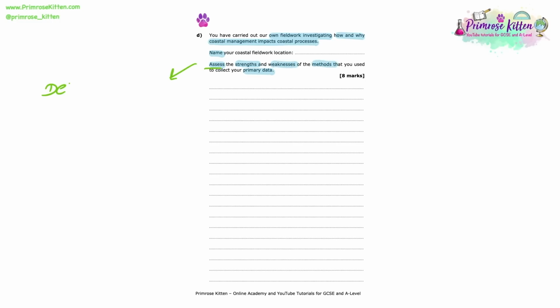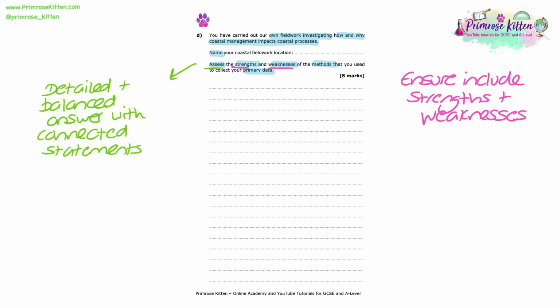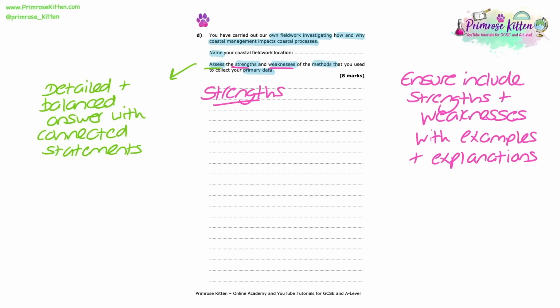To achieve a top-level response for this question, you need to ensure that you write a detailed and balanced answer with connected statements. It is important that in your answer, you include both strengths and weaknesses of the methods you used, with examples and explanations given.